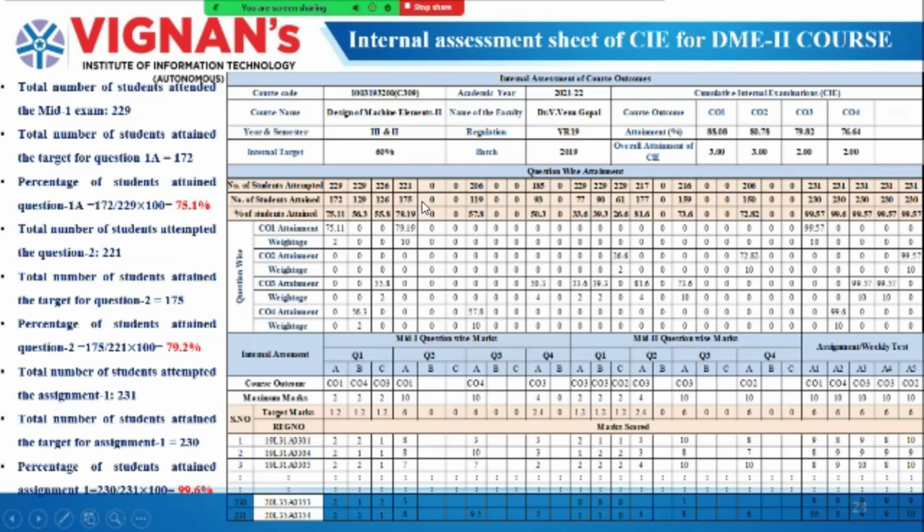We have 5 assignments, one from each unit. That means CO1, Unit 1; CO4, Unit 2; CO3, Unit 3; again CO3, Unit 4; and CO2, Unit 5. So like that we have to map with COs.